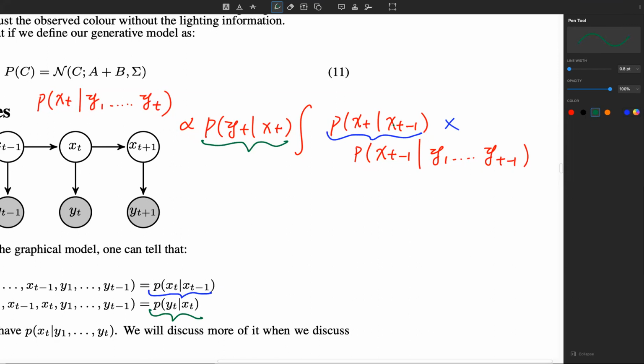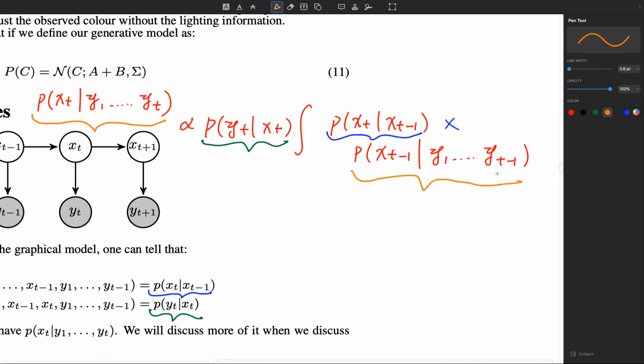Now, the only thing you do not know is the last bit. Does anyone know how you deal with the last bit? Thank you. You will have a recursion here.